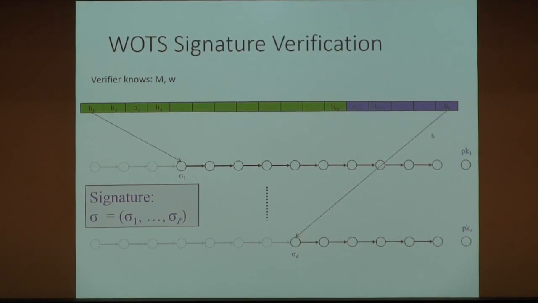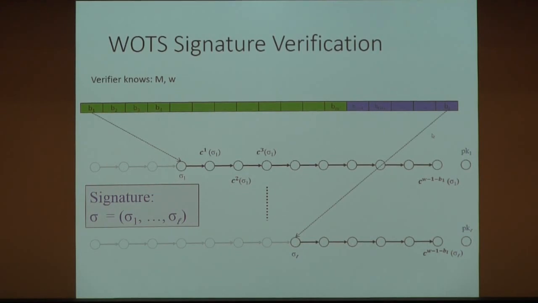If I want to verify such a signature, then I recompute this encoded message. That's something I can do given the message and the parameters. Then given the signature, from knowing these b_i, I know which values in the function chains these signature values actually represent, and simply can finish the computation of the hash chain until I obtain all the end values of the hash chain.